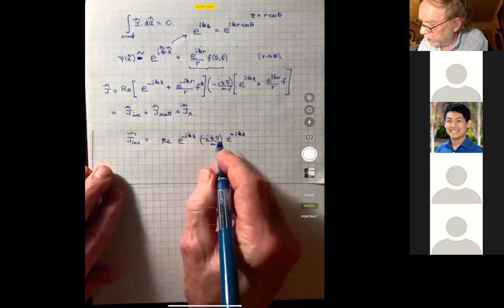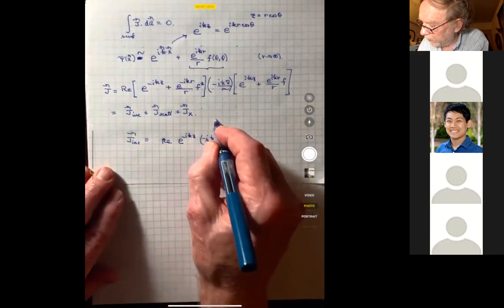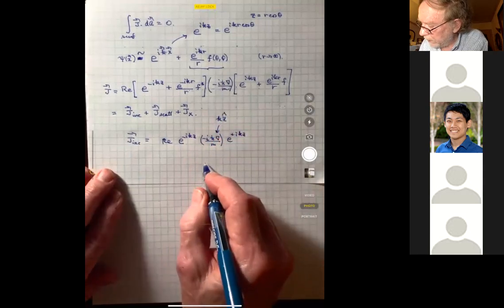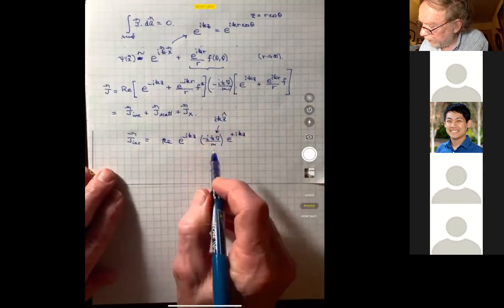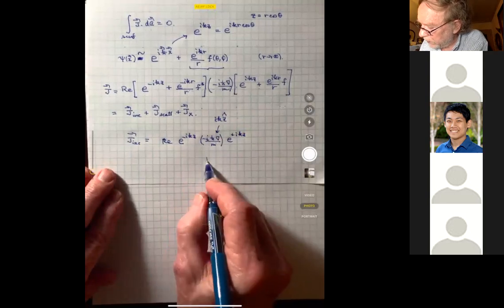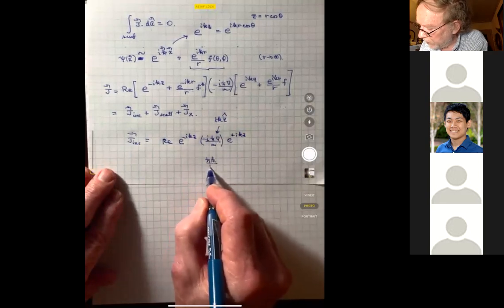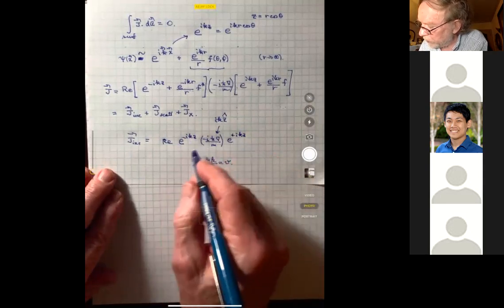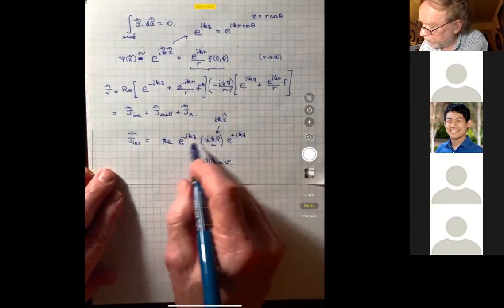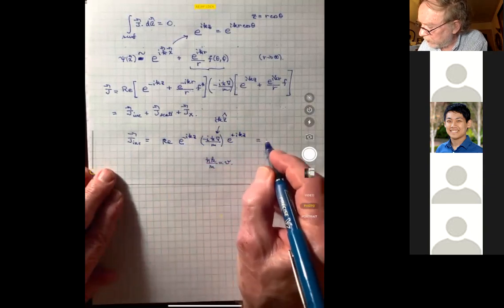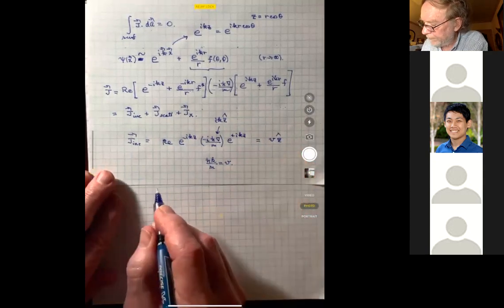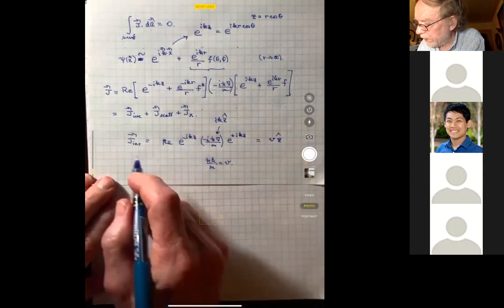And the gradient is going to bring down k times z hat, and i times that. The i and minus i will cancel. h bar k divided by m is the same thing as the velocity of the particles. And the real part goes away. You don't even need the real part because the e to the plus minus i k cancel each other. So this just turns into the velocity v times z hat. All right, so that J incident is easy.